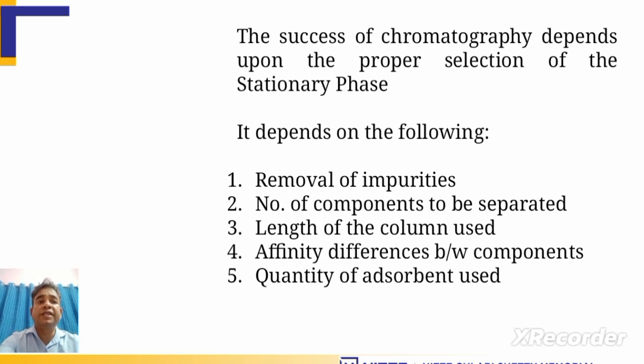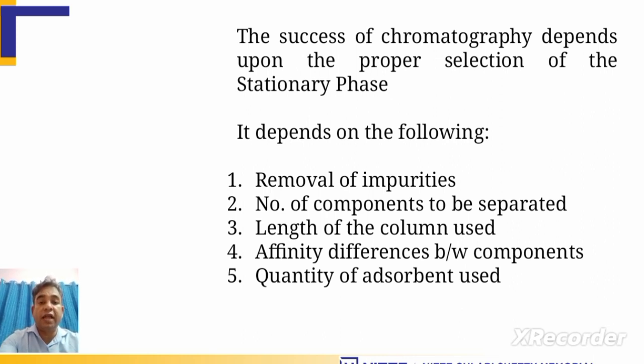The success of chromatography, especially column chromatography, depends upon the proper selection of a stationary phase. If we don't choose the proper stationary phase, the separation may be difficult. It is so because when the interaction is so high between the stationary phase and the sample to be separated, it is very tough to elute it out from the column.